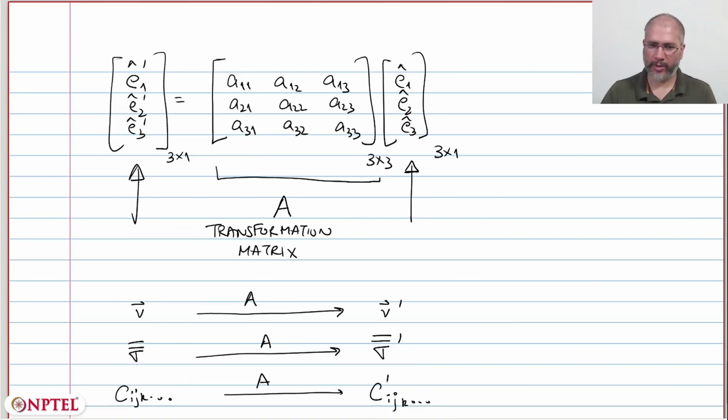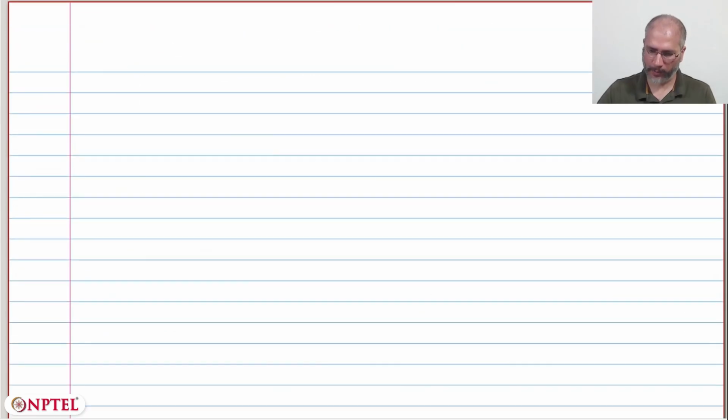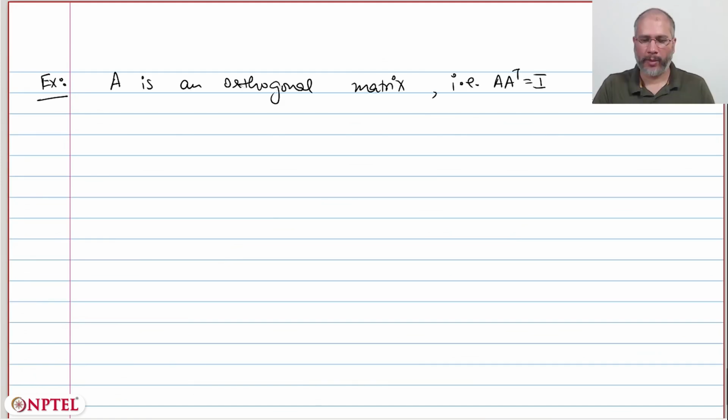But before that, let's talk about an interesting property of the transformation matrix A, and we'll have this discussion through an example or as an exercise. So we have to show that the matrix A, that's a transformation matrix, is an orthogonal matrix.